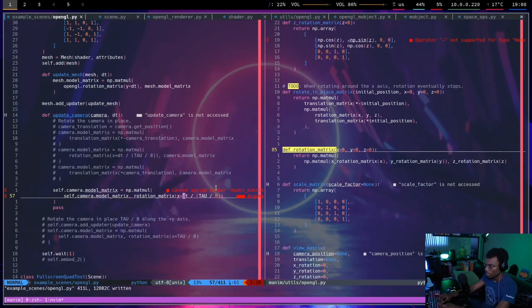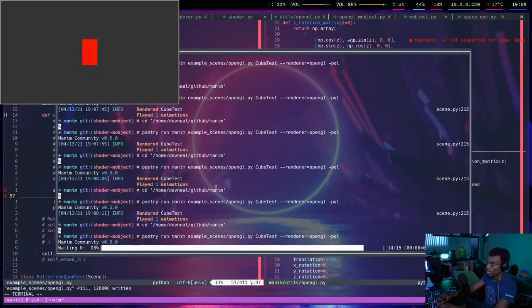I might be really bad at math here. So one thing, this should be dt times tau over 8. Because then when this reaches 1, the cumulative rotation will have reached tau over 8.